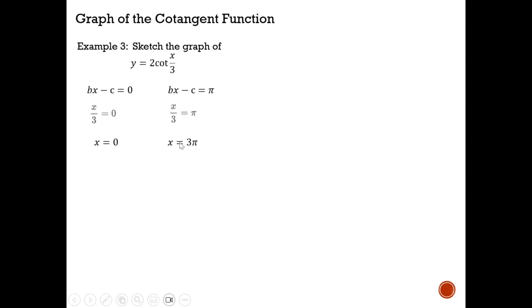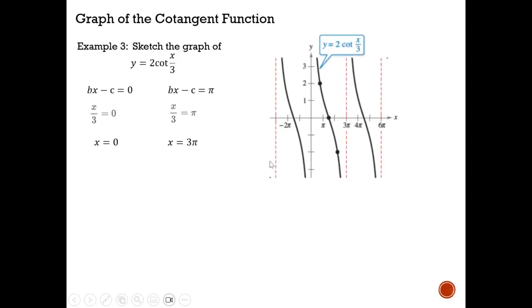So these are two consecutive vertical asymptotes. From 0 to 3 pi, so every 3 pi there are vertical asymptotes going to the right, to the positive, and also to the negative.